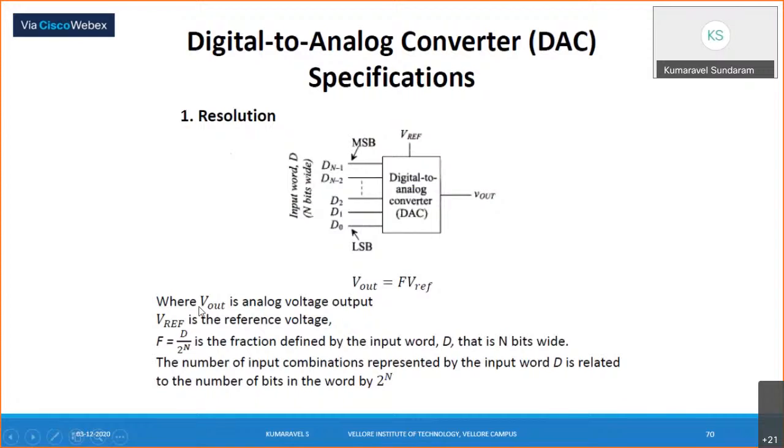N is the fraction defined by the input word D, that is n bits wide. So the number of input combinations represented by the input word D is related to 2 power n. So if you have n-bit resolution, 2 power n combinations are going to be there. Accordingly, the input word D is going to be there. D is equal to 2 power n.